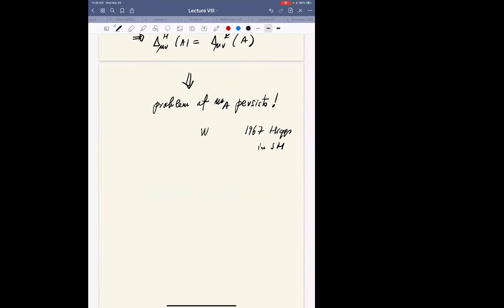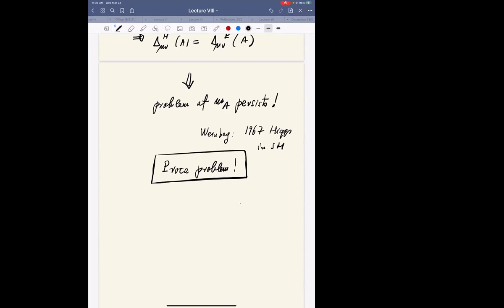This is Weinberg's paper. And Weinberg gets stuck. Proca problem. We'll come to why Weinberg got stuck.